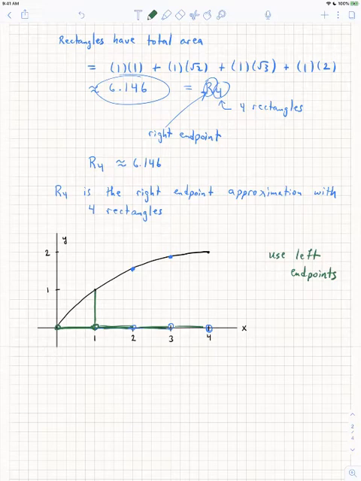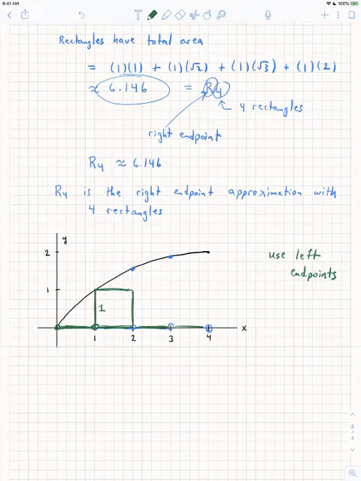That's the height of my second rectangle. So now I just draw a flat line and go down. So that's my second rectangle. My first rectangle was flat. It had 0 area. The second one has some area. In fact, it's a square again because the base is 1 and the height is 1.